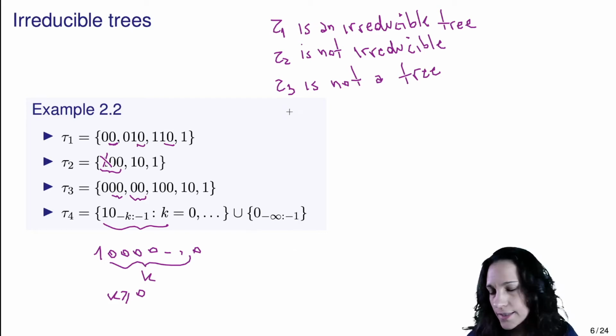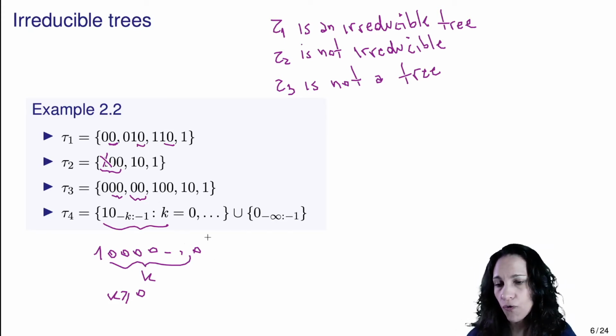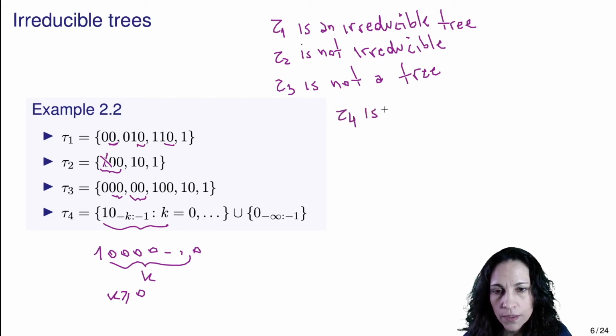So it's easy to see that no sequence here is a suffix of any other sequence in this set, so tau4 is a tree, and it is also an irreducible tree because if we replace any of these sequences by a suffix, we violate the suffix property. So tau4 is also an irreducible tree.